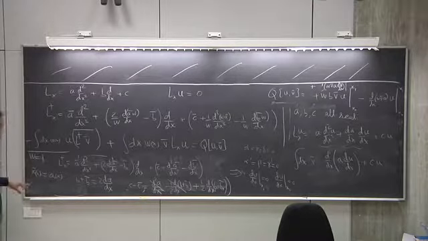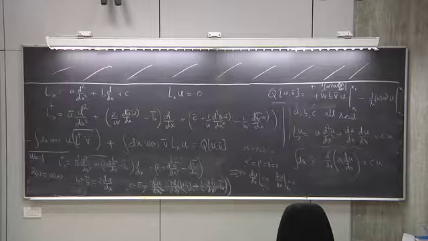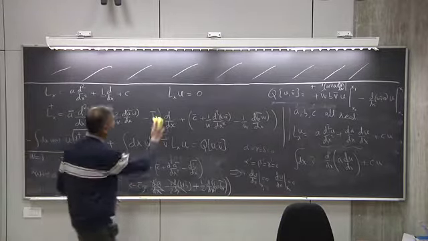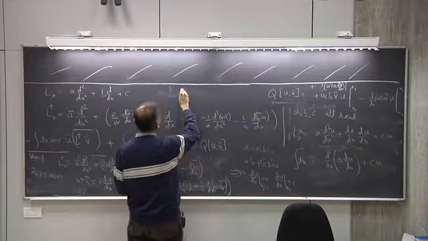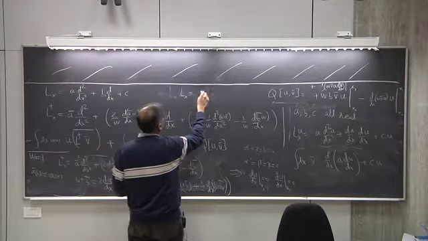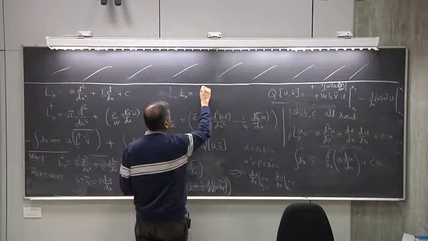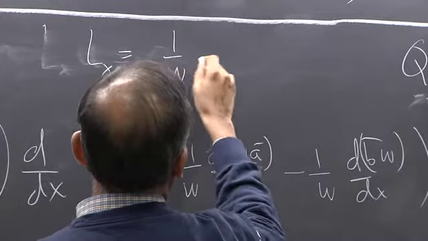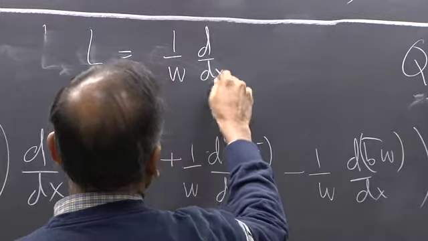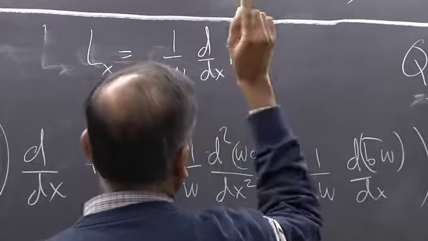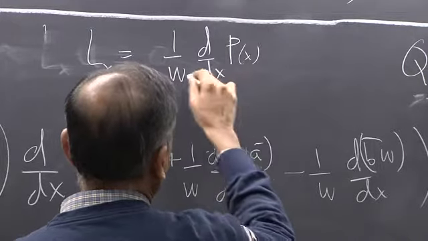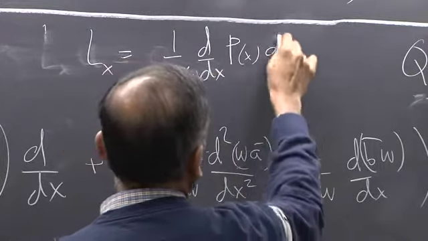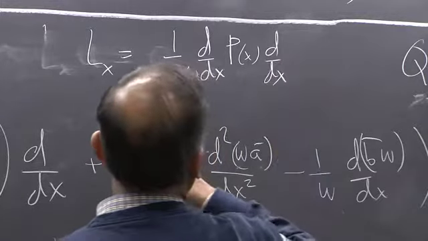More generally, if you had some non-trivial W, still, if you had chosen Lx to be of the form 1 over W d by dx with some function p, which is again a function of x, I'm not writing the x.